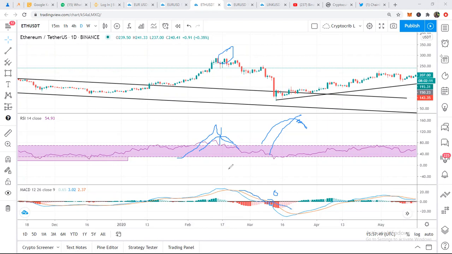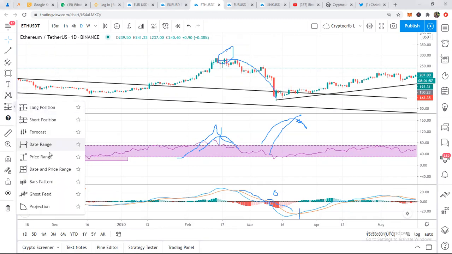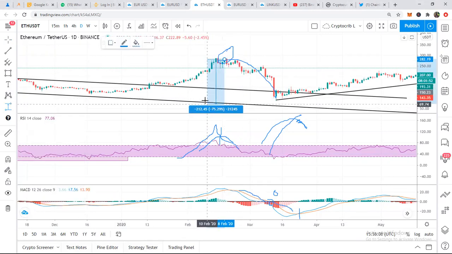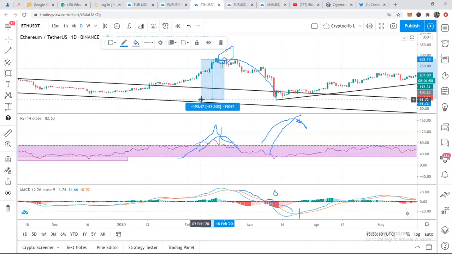Going down until it intersects this line here again. So this is the point at which it went down here, right? And if we look at the corresponding percentage decrease in price range from here downward, it's how many percent? 67% decrease.